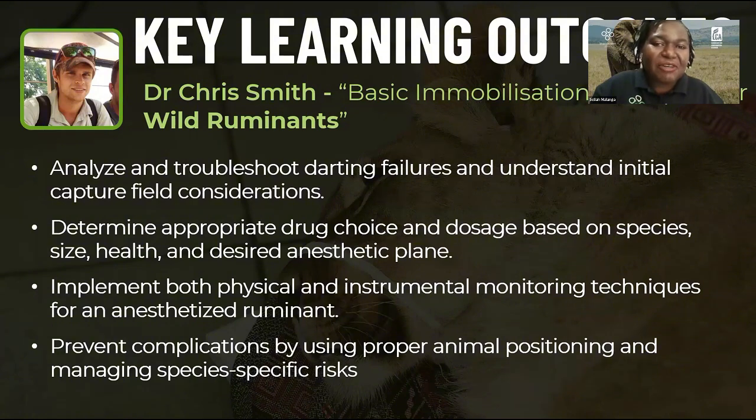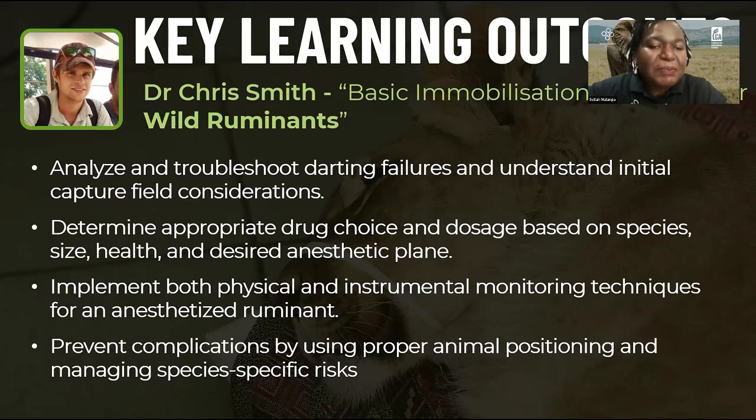Before I hand over the screen to you, I would just like to go through the learning outcomes. By the end of this talk, you should be able to understand how to analyze and troubleshoot darting failures and understand initial capture field considerations. Secondly, you should be able to determine appropriate drug choice and dosage based on species, size, health, and desired anesthetic plan.